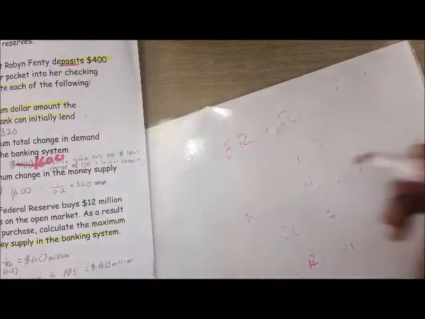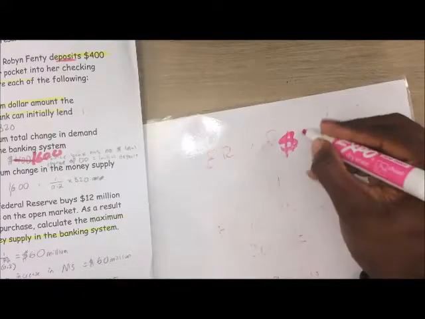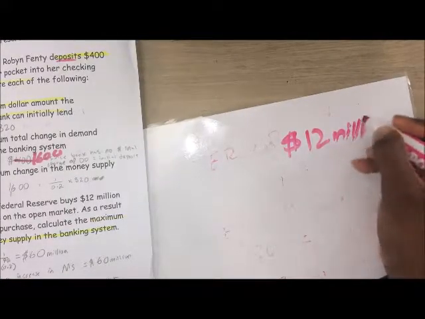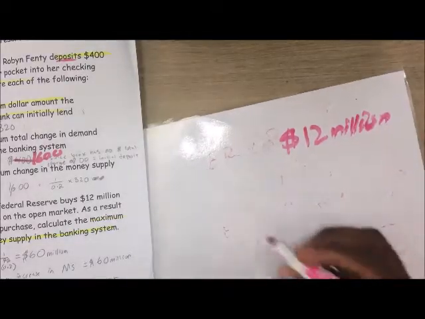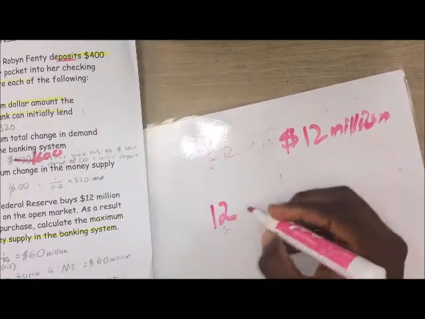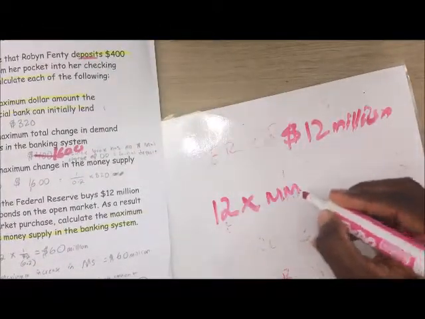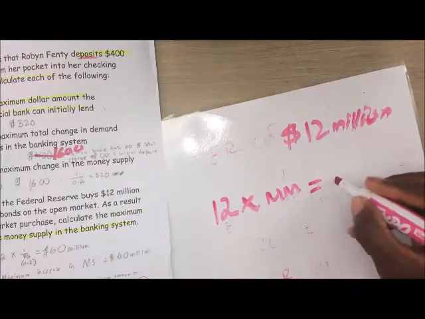Now, they bought 12 million, so we would take 12 million times the monetary multiplier to get the total change.